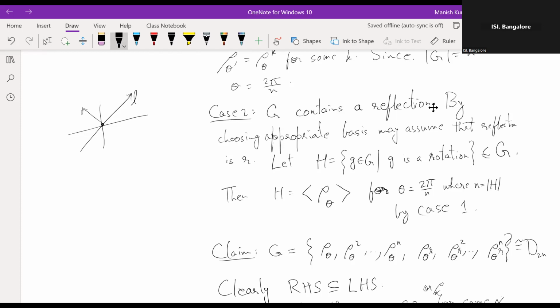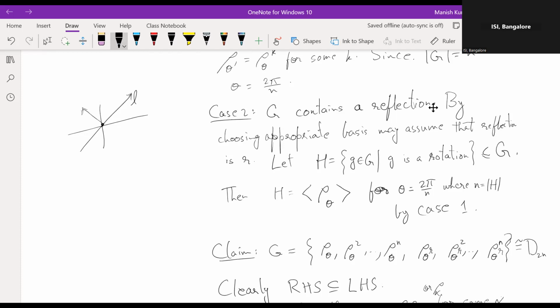Of course G contains H, so it contains rho theta, rho theta square, up to rho theta power n. And G also contains R, by our assumption that it contains the reflection.